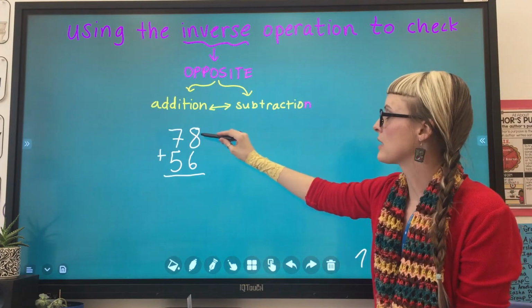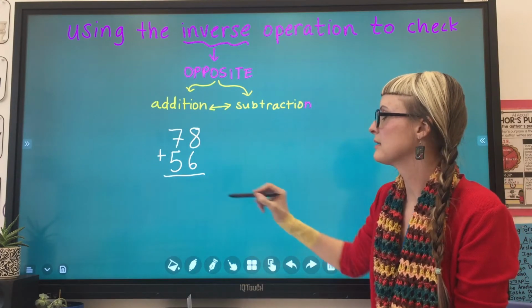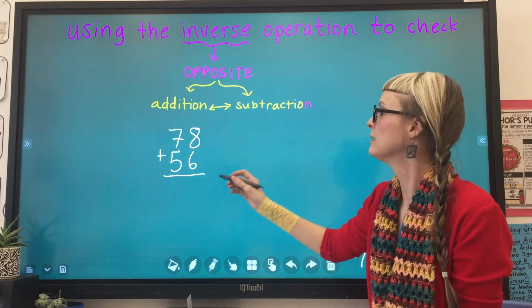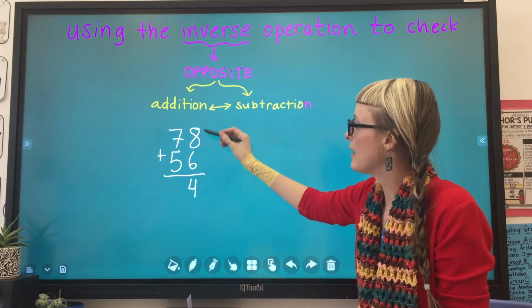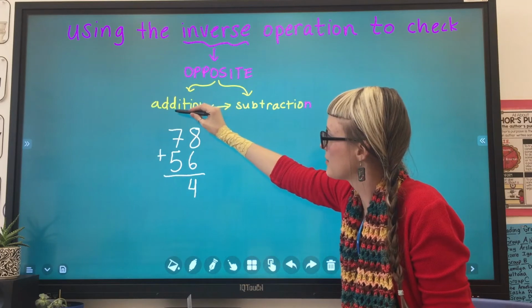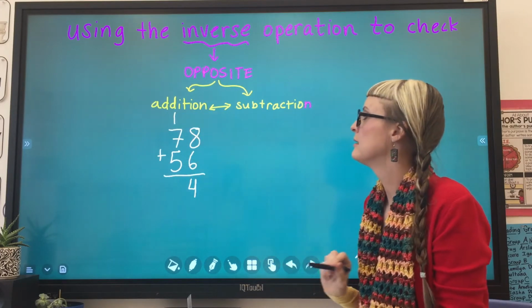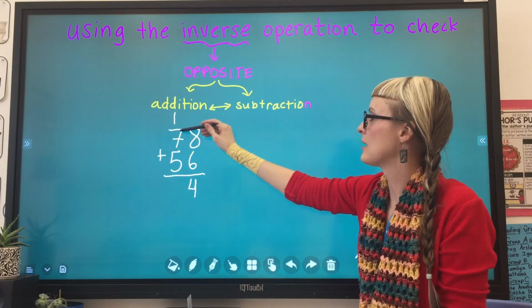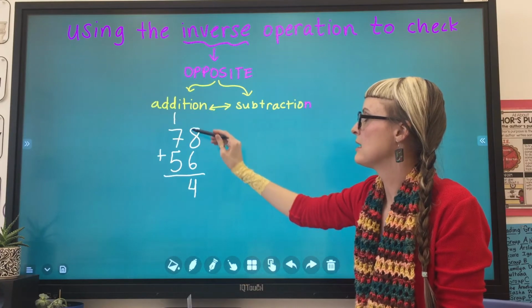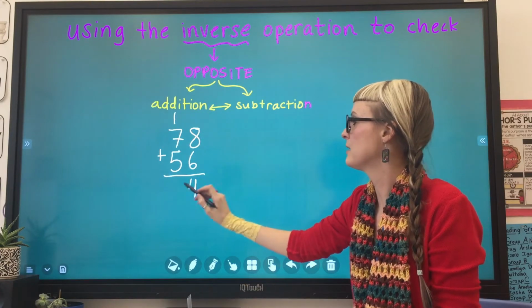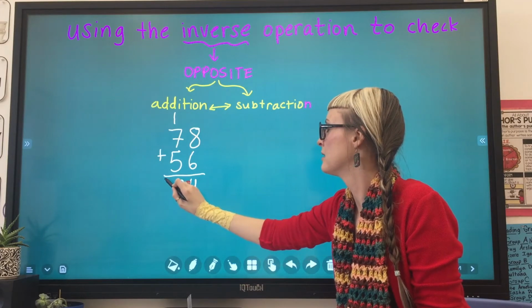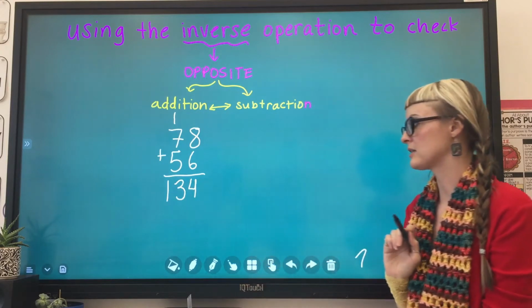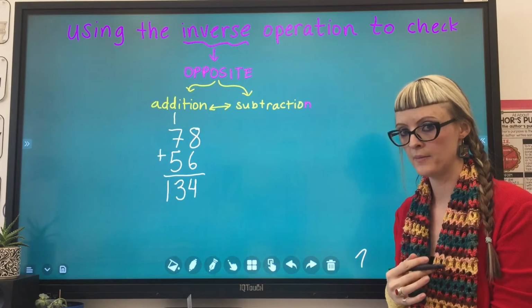So I'm going to add 8 plus 6, and 8 plus 6 is 14. So I'm going to put my 4 ones down here, and then my 10 comes up here with the tens, and then I'm going to have 7 plus 1 is 8, and 8 plus 5 is 13. So my final answer is going to be 134.